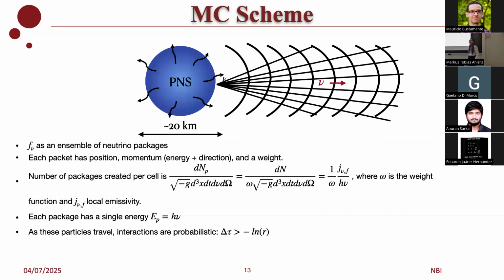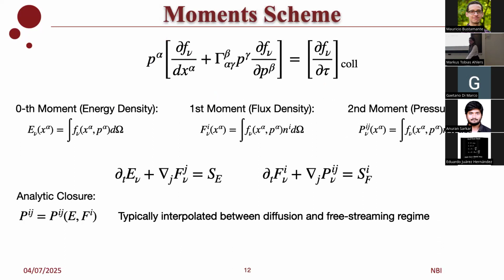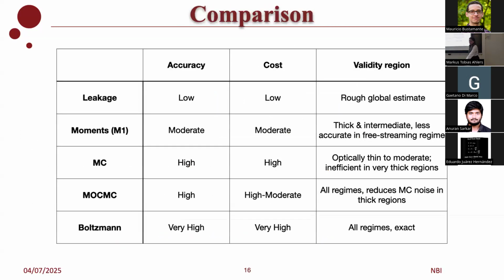Thank you for the nice talk. When you compare the different methods to compute the dynamics, you were comparing the cost and the accuracy. When you say low and very high, how do they compare?